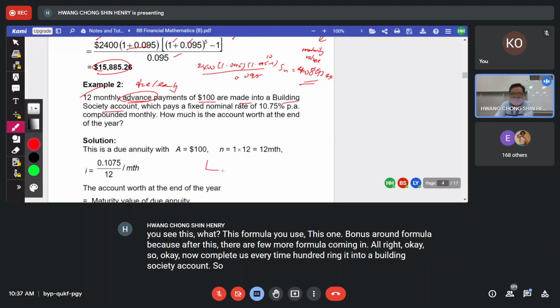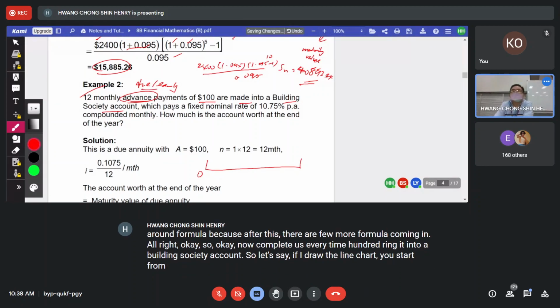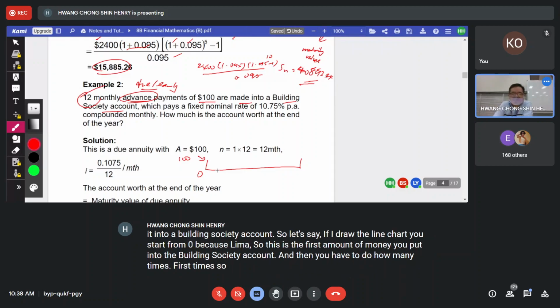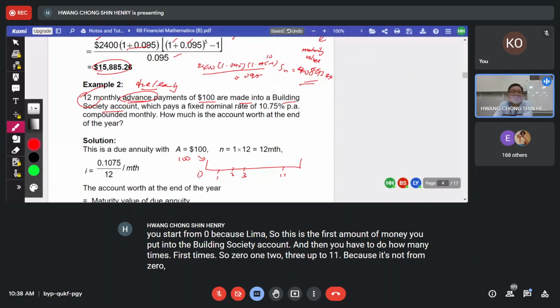So if I draw the line chart, you start from 0. This is the first amount of money you put into the building society account. And then you have to do it how many times? 12 times. So 0, 1, 2, 3, up to 11, because it starts from 0 and ends at 11.